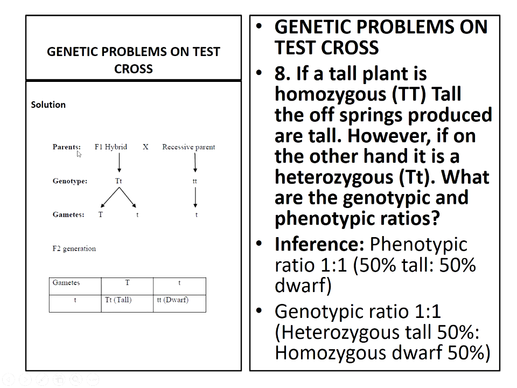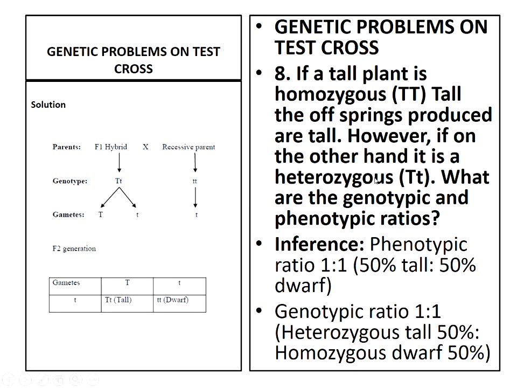First, let us write the parents, that is the F1 hybrid with the recessive parent. Why do we take the recessive parent here? Because it is a test cross and we are going to take the recessive parent.